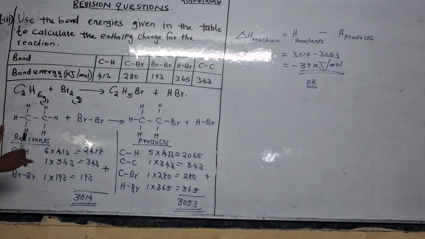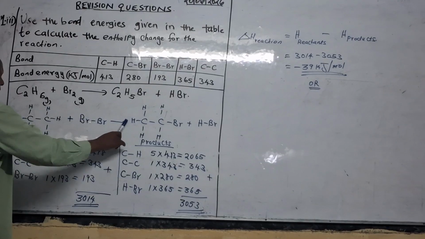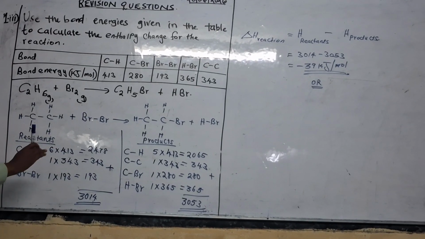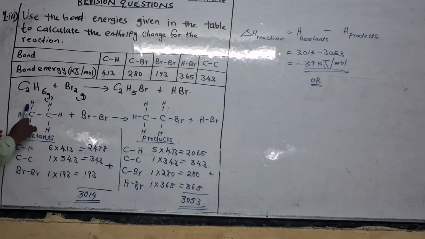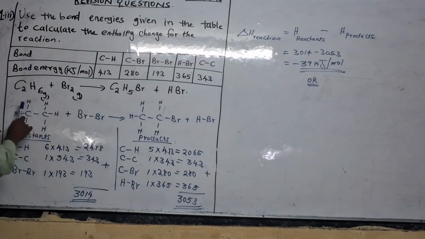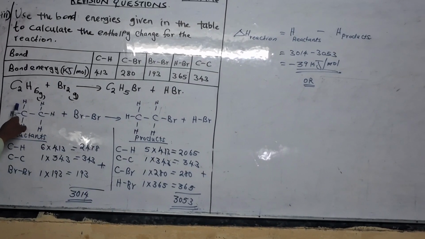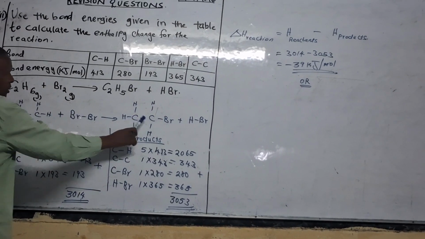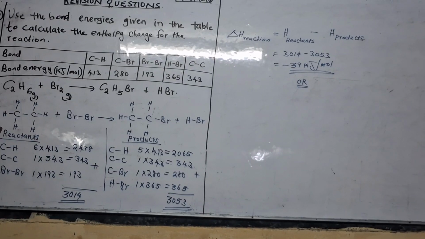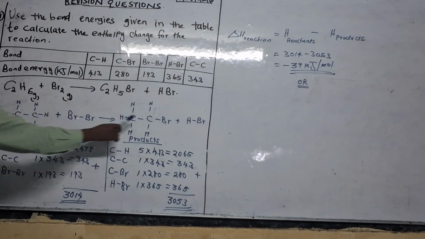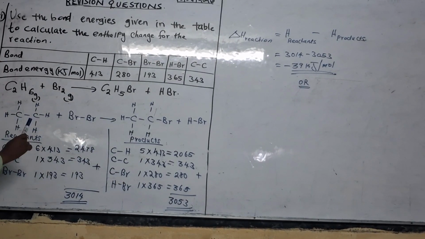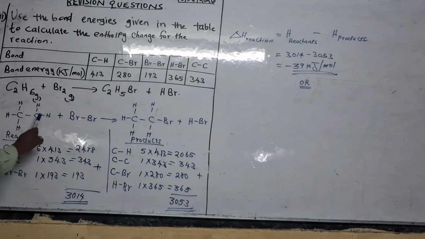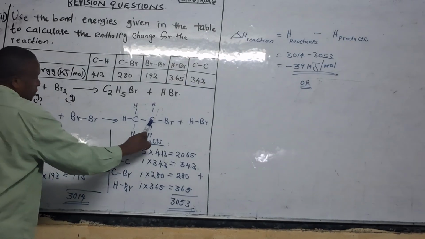So we leave that. Carbon-hydrogen, carbon-hydrogen, no change. Carbon-carbon, carbon-carbon, we leave that again. Carbon-hydrogen, carbon-hydrogen, still no change. Are we together? Carbon-hydrogen, carbon-bromine.